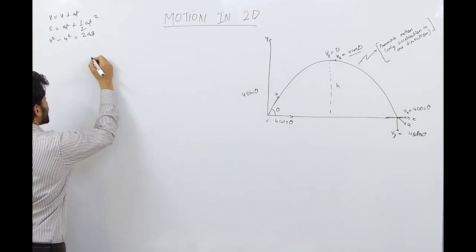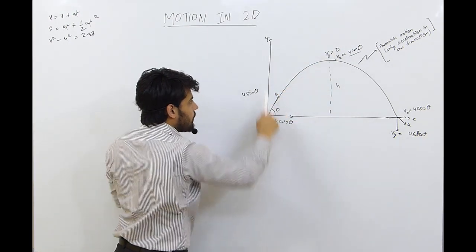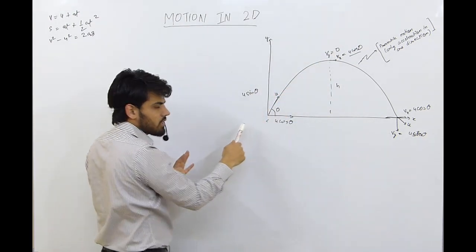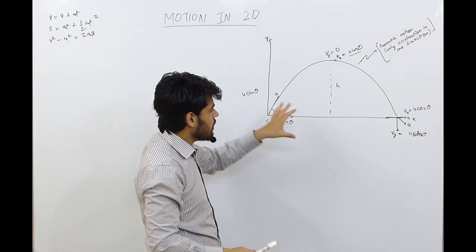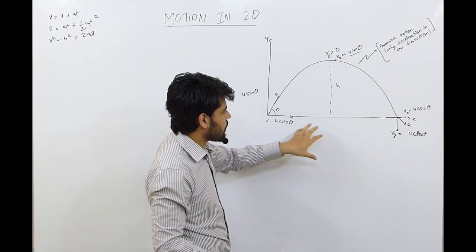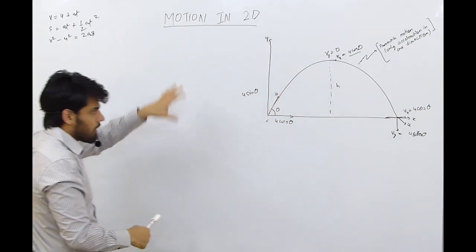Okay, so here the final velocity at this point is 0, vertical component. We will only consider the y-axis component of velocity, because in the x direction there is no acceleration. So this x component of velocity will not change the height of this particular object.